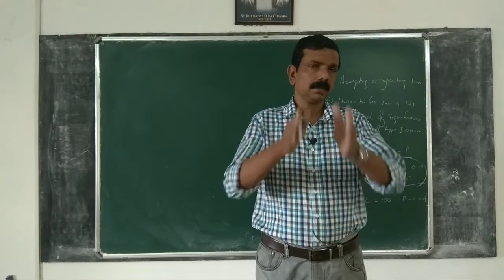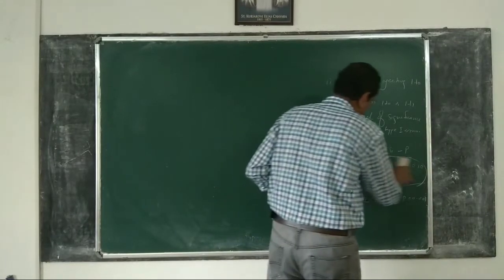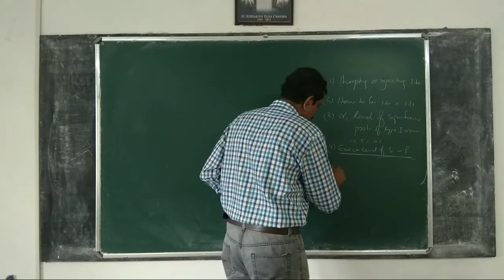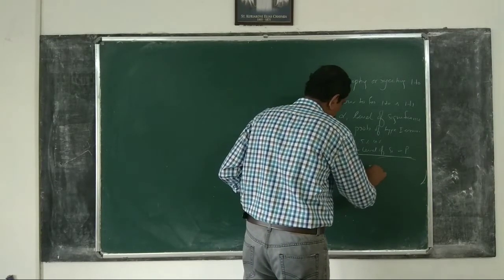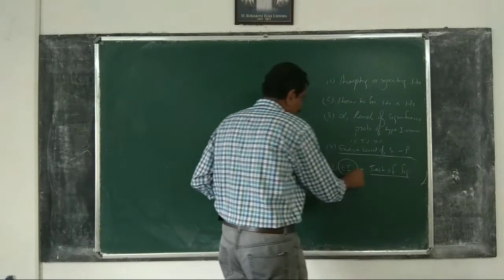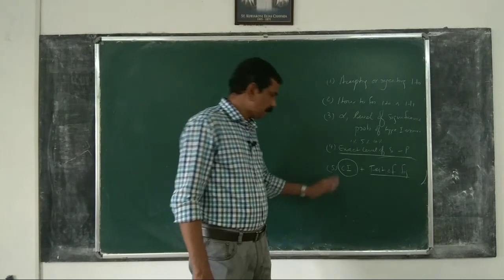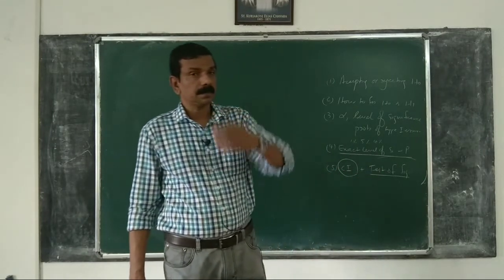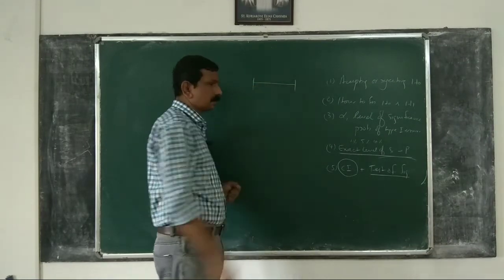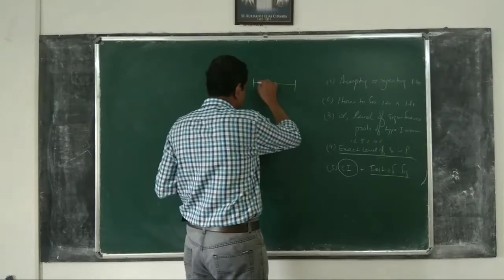Now, in the context of hypothesis testing, remember this, there are two approaches to hypothesis testing. One is the confidence interval approach, and second is the test of significance approach. We have discussed earlier how to construct confidence intervals. If you want to use the confidence interval approach, construct the confidence interval, the procedure we have discussed in detail, and see whether the hypothesized value is in the interval or not.